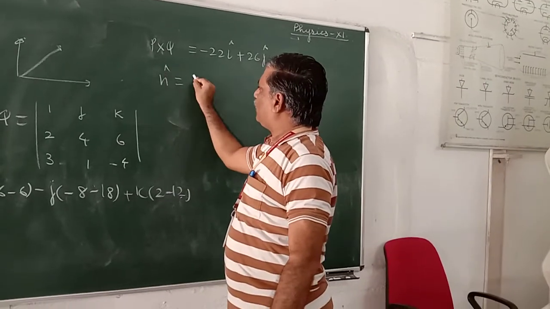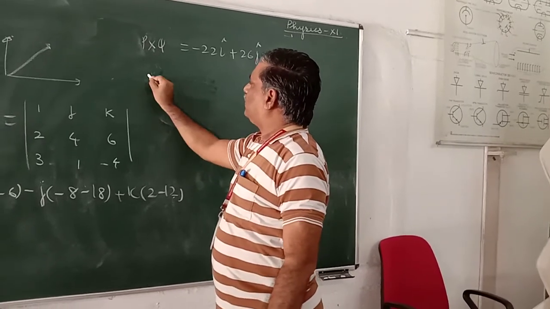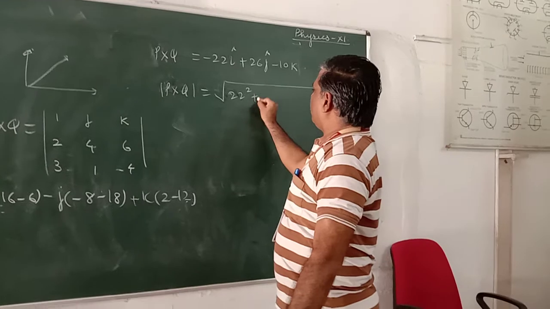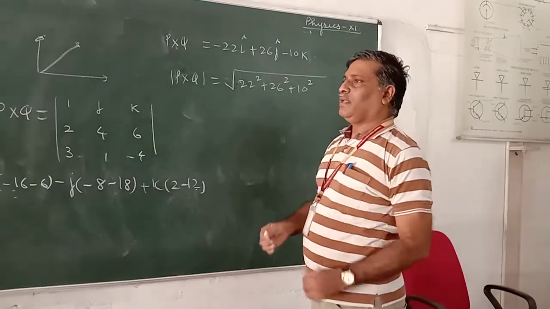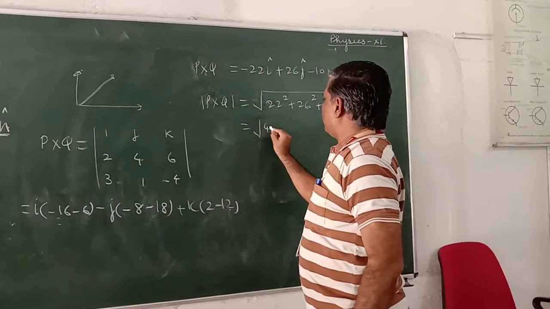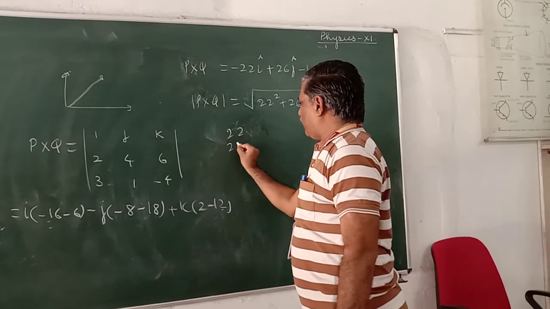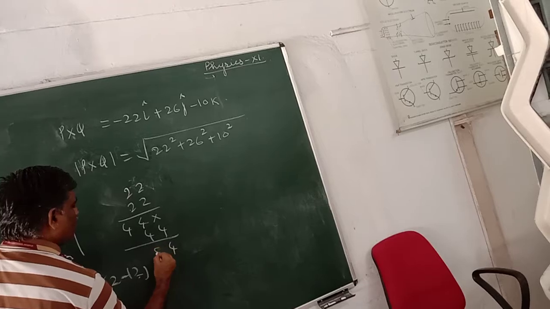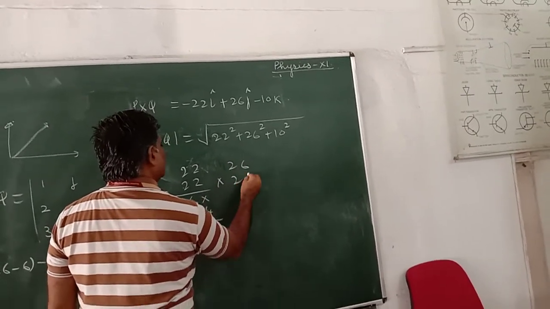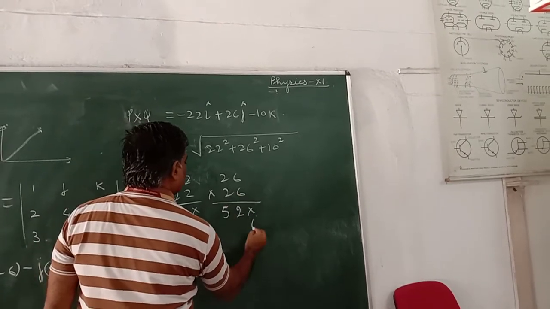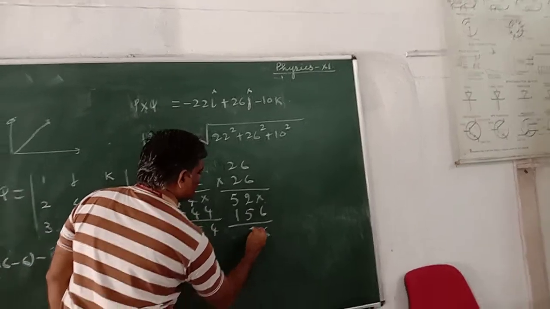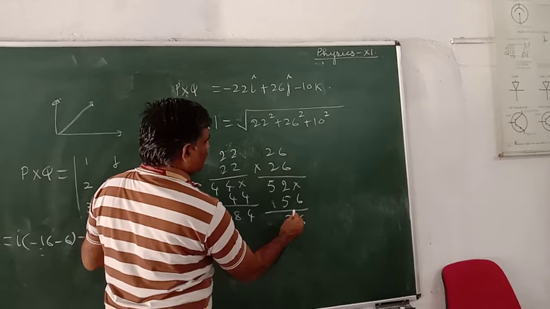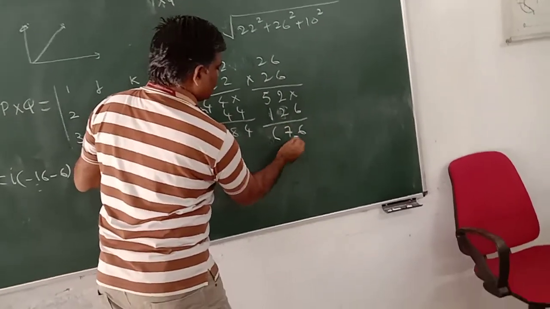So the unit vector perpendicular to this one is P cross Q. The magnitude of P cross Q is equal to the square root of 22 squared plus 26 squared plus 10 squared. 22 squared, 22 into 22, becomes 484. 26 squared is 676.